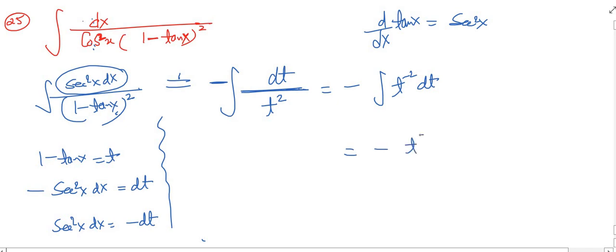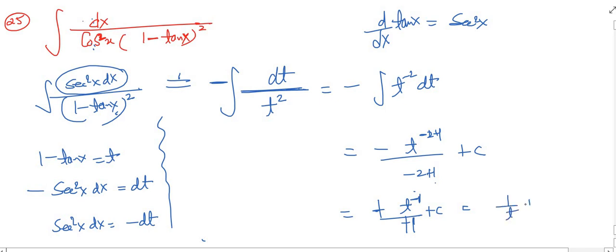Minus of t raised to power minus 2 plus 1 plus c. So it is minus of t raised to power minus 1 by, what is minus 2 plus 1 is minus 1. This minus and this minus will become plus. ठीक है. And t raised to power minus 1 will become 1 by t plus c.